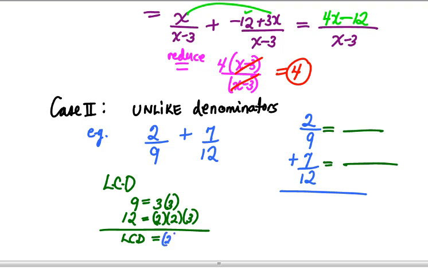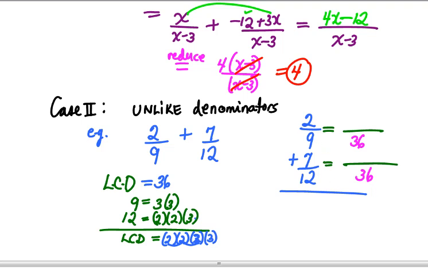So 2 occurred twice here, so I use it twice. 3 occurred once here, but twice here. So because it occurred twice in one of the denominators, we move it here. So that gives us that our LCD is 2 times 2, 4 times 3, 12 times 3. Our LCD is 36. I'm going to put 36, our LCD, down here.